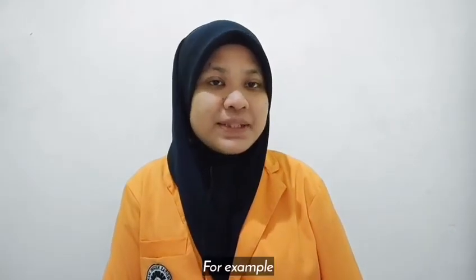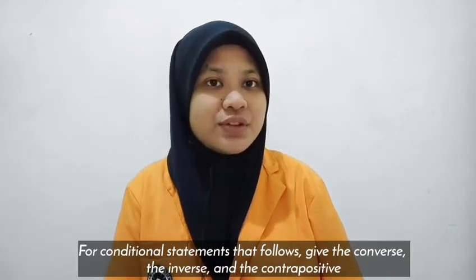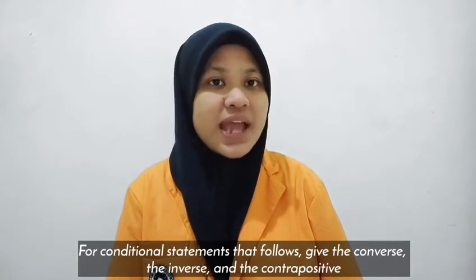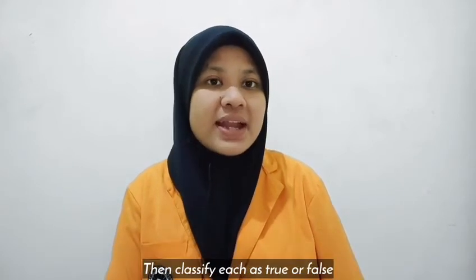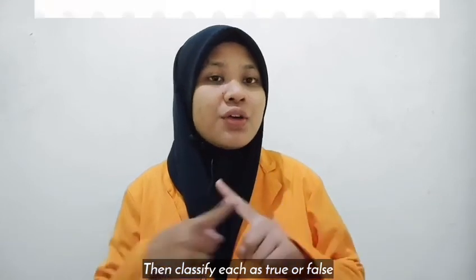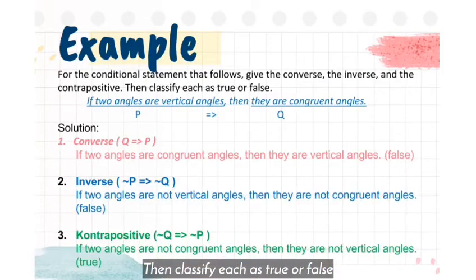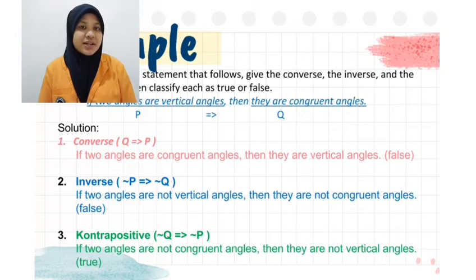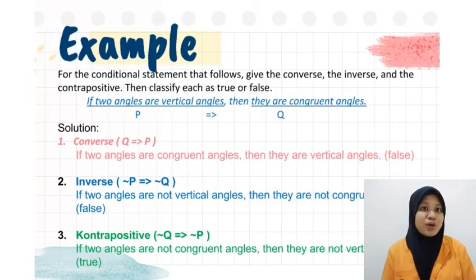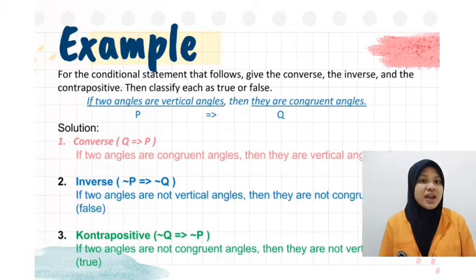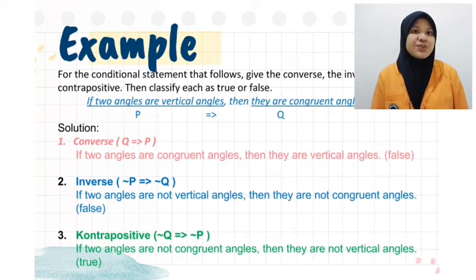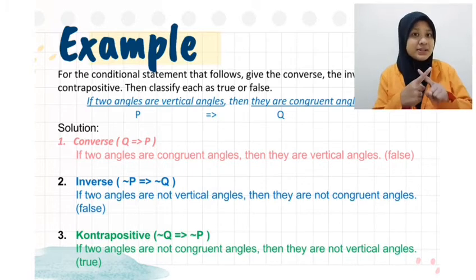For example, for the conditional statement that follows, give the converse, the inverse, and the contrapositive. Then classify each as true or false. If two angles are vertical angles, then they are congruent angles. Solution: first, converse. If Q, then P. If two angles are congruent angles, then they are vertical angles. It's false.